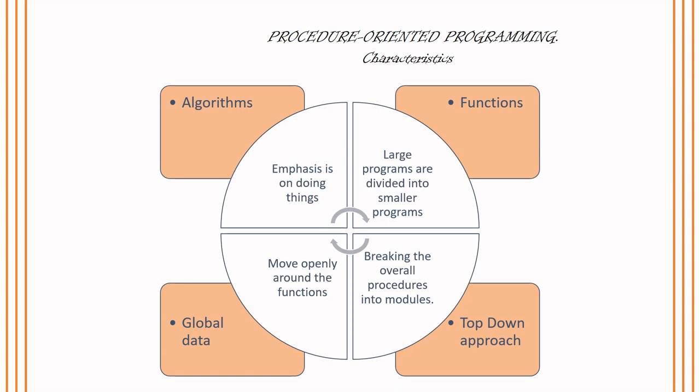It employs a top-down approach in program design. Functions transform data from one form to another form. Data will openly move around the functions. Large programs are divided into smaller programs which are known as functions.